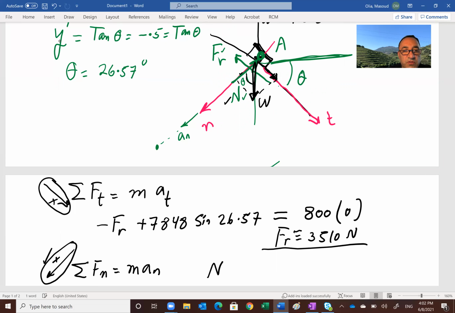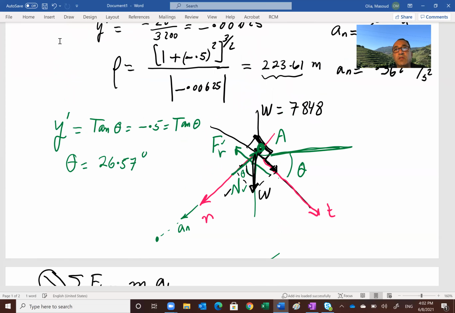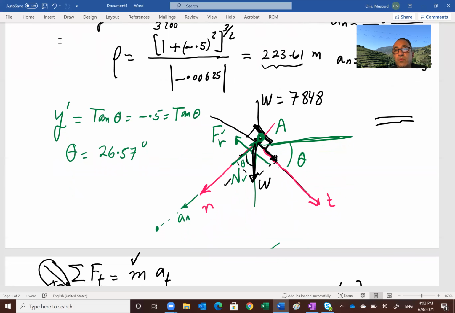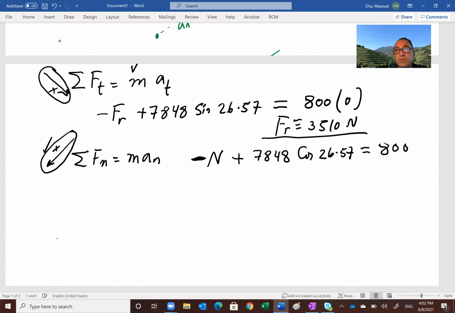This is our positive direction, so this would be minus N because N is pointing in the negative direction of the normal axis. And then how much of the weight falls on the normal axis? A positive weight. Since we used sine for the tangential direction, we have to use cosine. That equals 800 times the normal acceleration. Remember, we calculated normal acceleration using v squared over rho, so 0.362, guys.